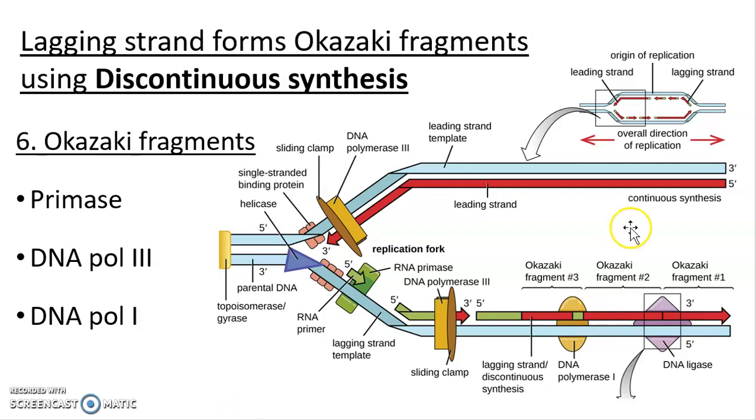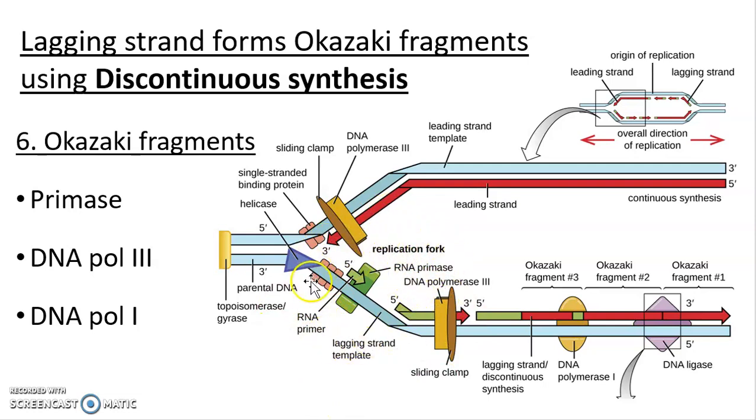And effectively what's going on there is, if you think about this ORI right here, you can have an RNA primase land there, your DNA polymerase 3 comes in, and it starts chugging along, and it's making your new DNA in the opposite direction from the way the helicase is traveling. And as the helicase travels further down there, it opens up a new stretch of DNA, and you do the same process over again.